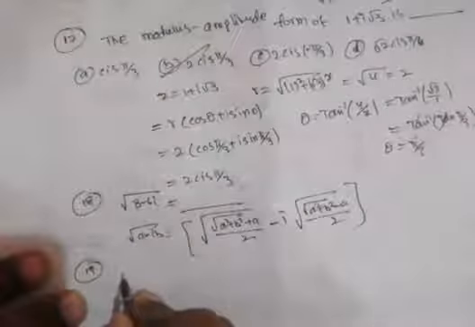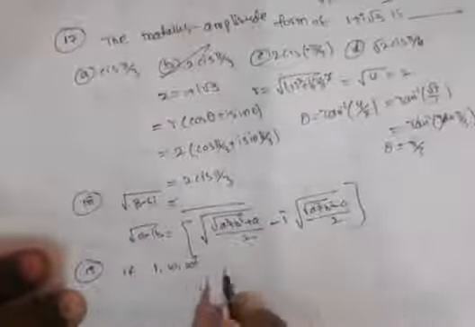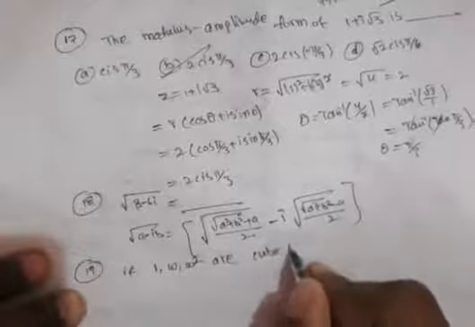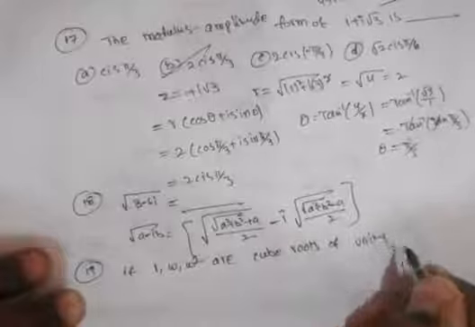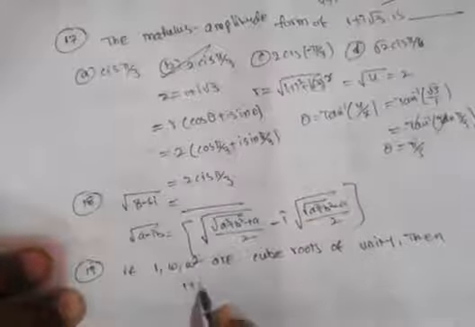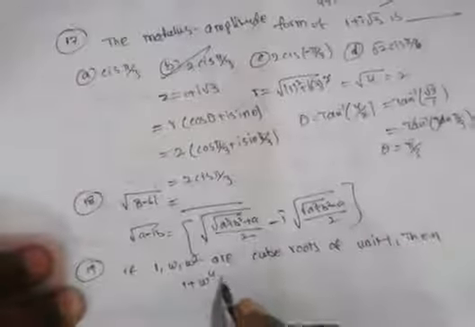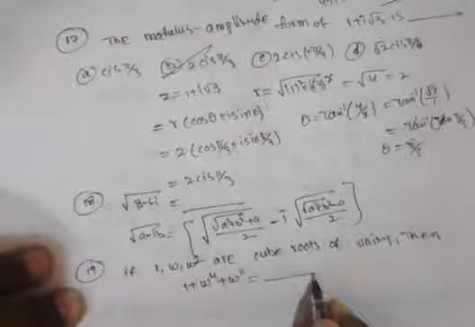Here, if 1, omega, omega square are cube roots of unity, then 1 plus omega to the power of 4 plus omega to the power of 11 is equal to dash.